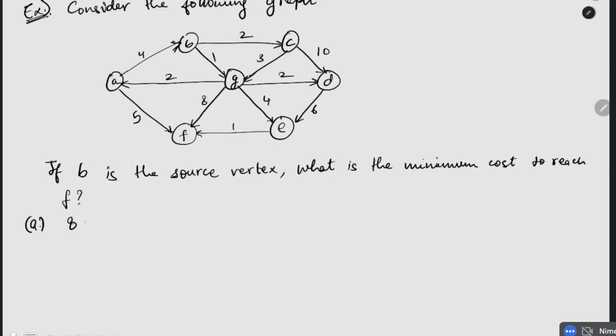Right? Is it 8? Is it 9? Is it 4? Or is it 6? Right? So what we need to do essentially, we need to find basically the shortest path that exists between B and F.